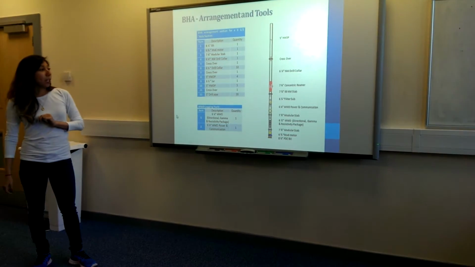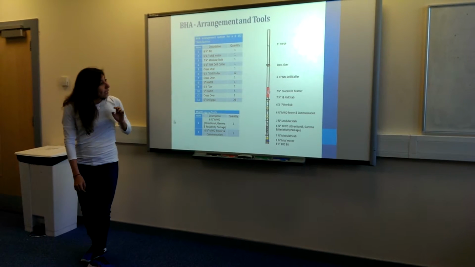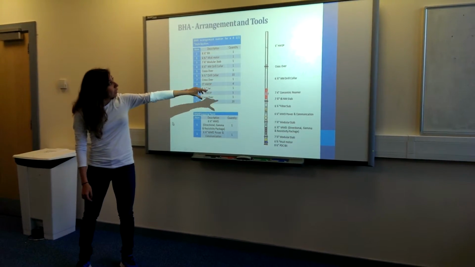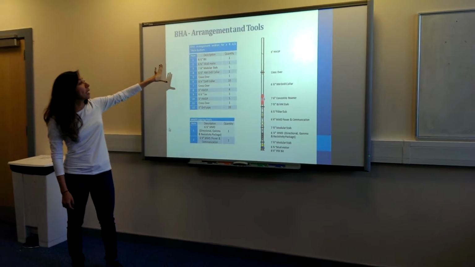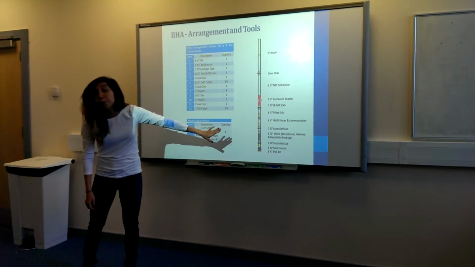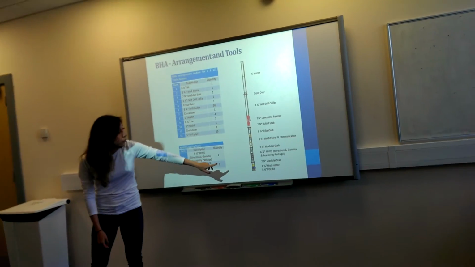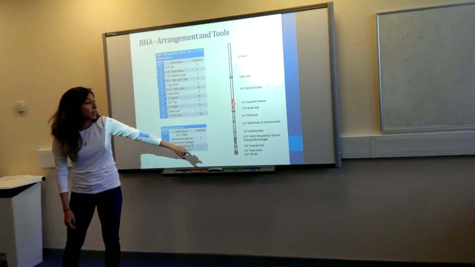Now, the BHA. This is how our BHA will look. Here is the arrangement section, for the full depth. We're starting with an 8.5 PDC bit.